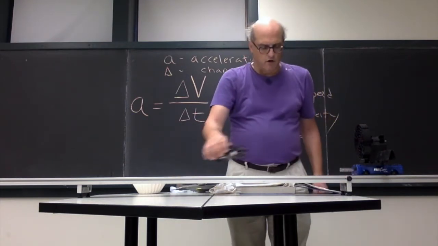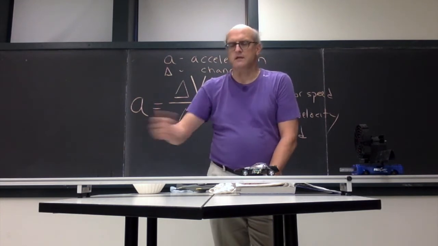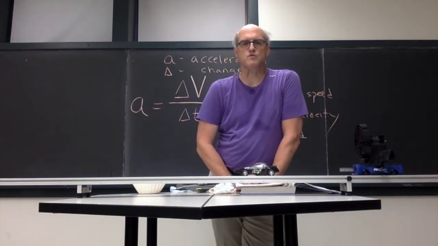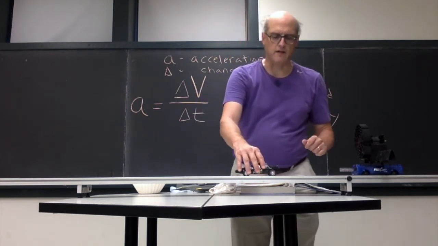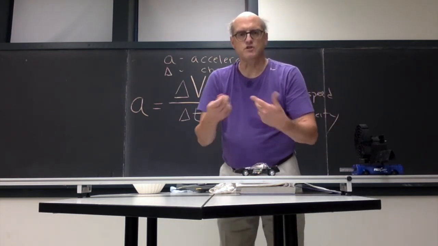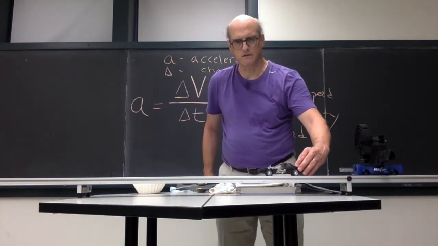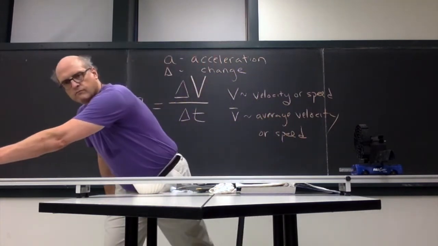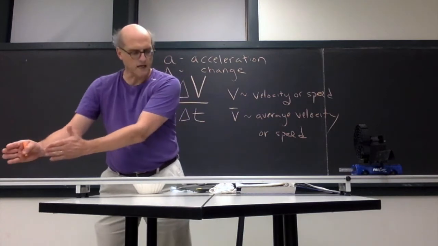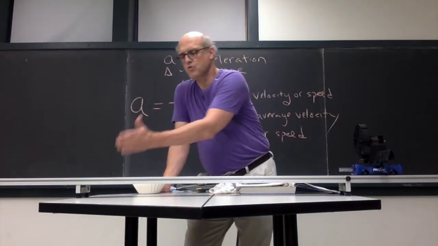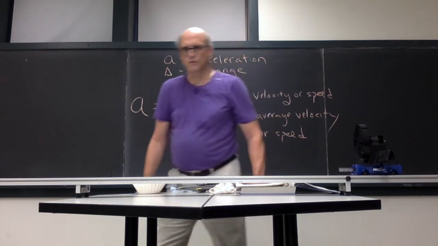Let's say we have a car that starts from rest and reaches a speed of 20 meters per second in a time of 5 seconds. So its speed is increasing over 5 seconds, and it's traveling at 20 meters per second at the end of that 5-second time interval.